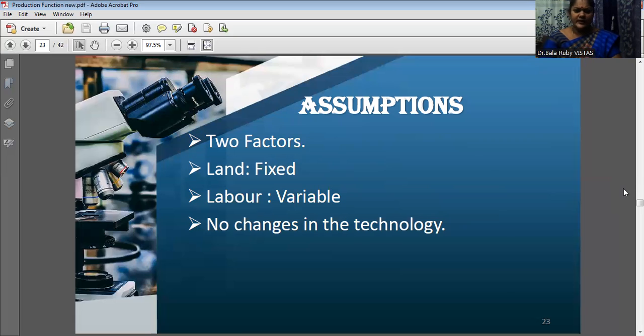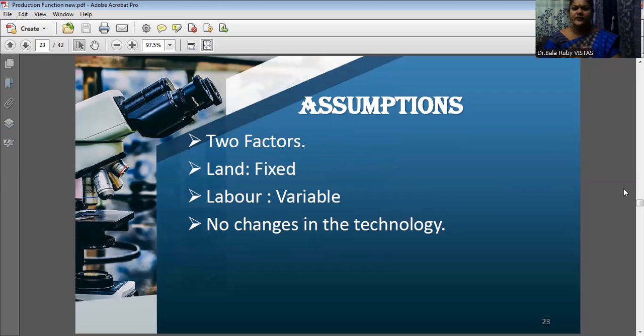For example, take an industry. In the industry, sometimes 10 workers are working or sometimes nearly 150 workers are working. Or if it is a big organization, nearly 2000 workers are working. Like that, labor capacity differs.